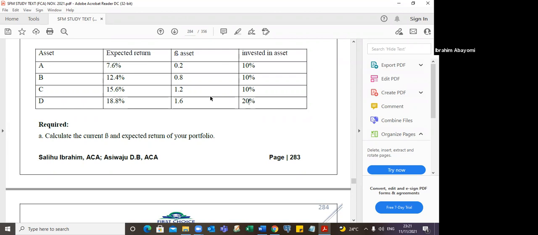So if I want to compute the beta of this portfolio, it is going to be the weighted average beta of all the 4 investments, because I have 4 investments in my portfolio.